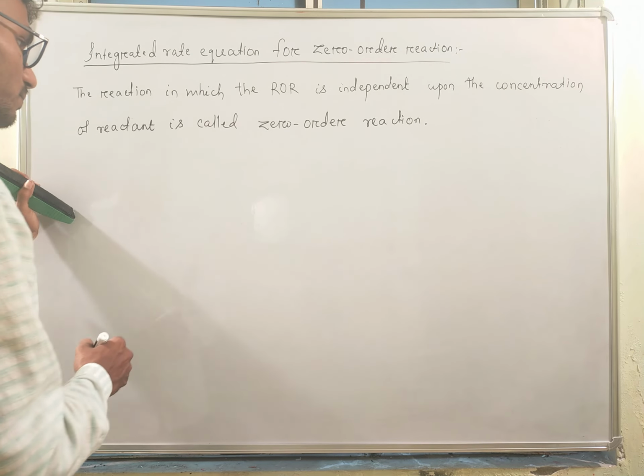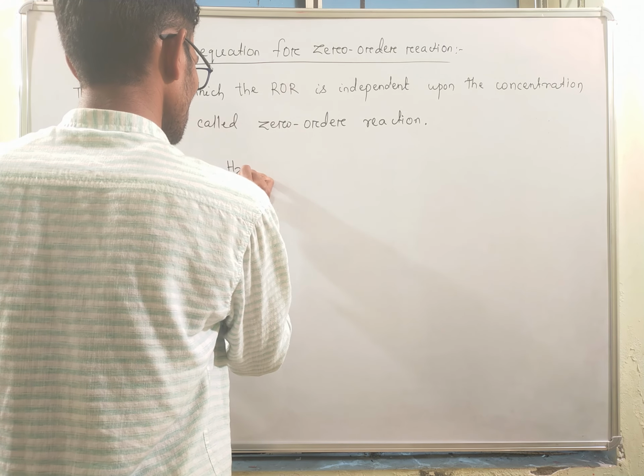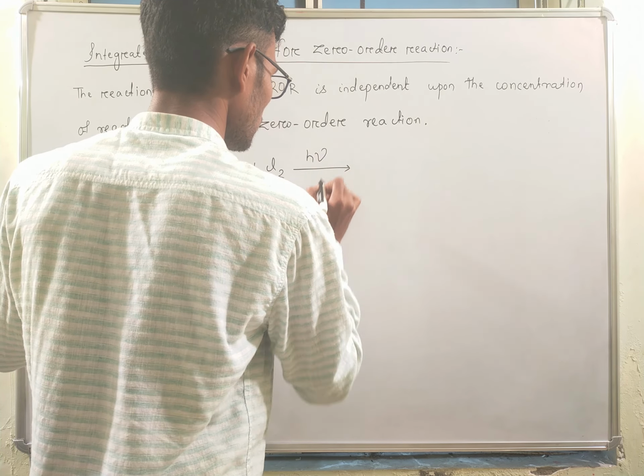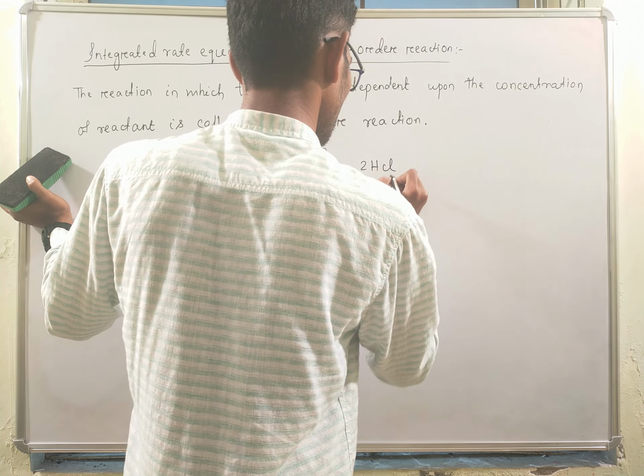So for example, H2 plus Cl2 in presence of sunlight, that is h nu, gives 2HCl.